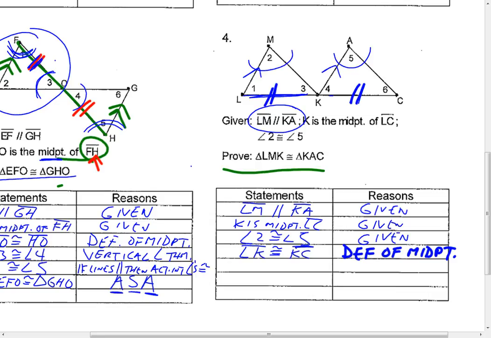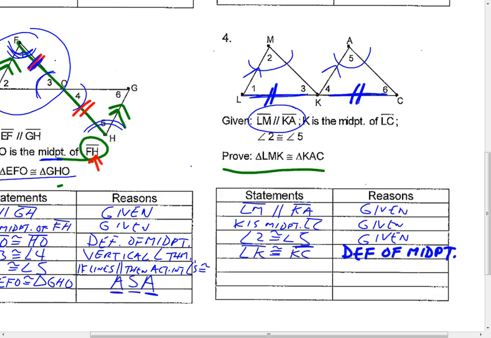This segment is the same as this segment. This is what people are getting wrong. They're putting things in the drawing, they're not putting them into their proof. Would it be CK or KC? I'm not too concerned with that correspondence. And actually, in this case, it would be LK and KC. That's the correct correspondence.